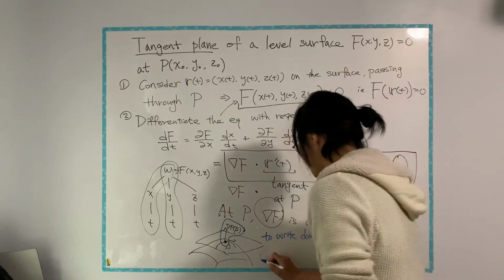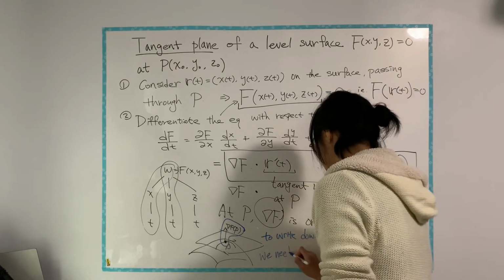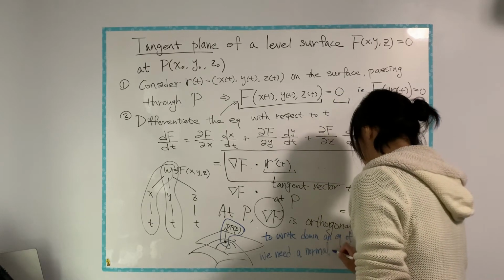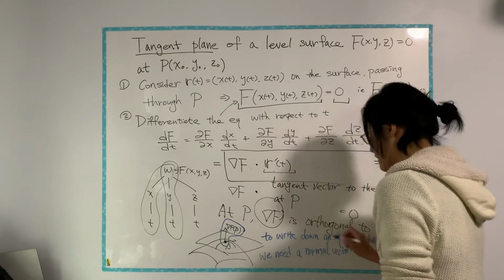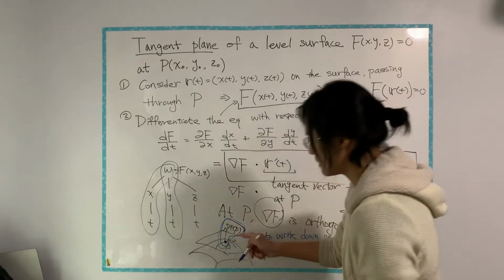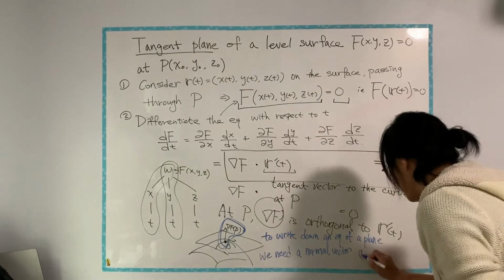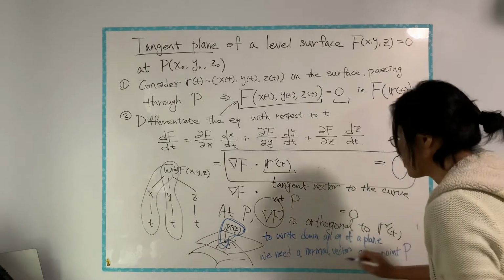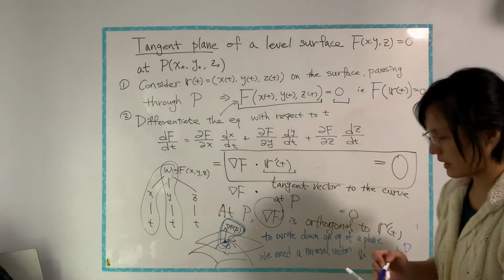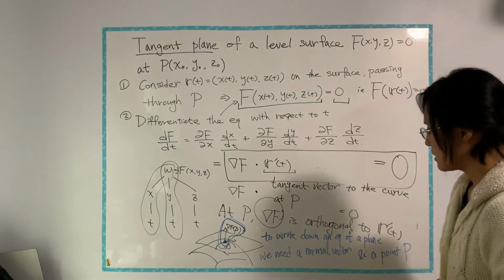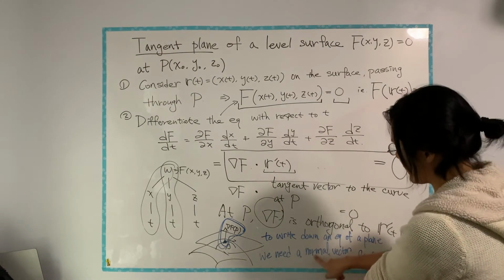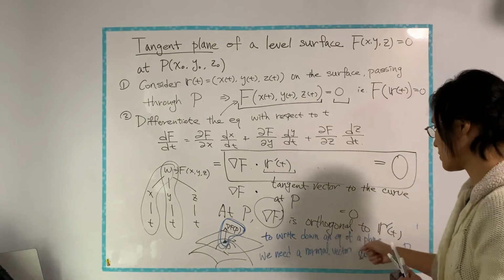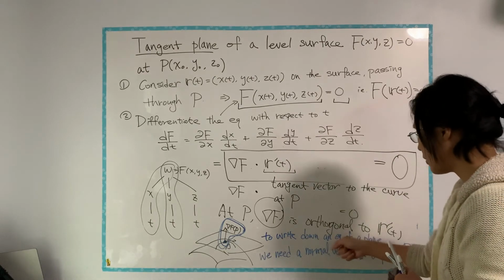What do we need? We need a normal vector. We have a normal vector, which is gradient f at P, and a point, the point P, right? So now we just need to put the normal vector and the point P into the equation of a plane.